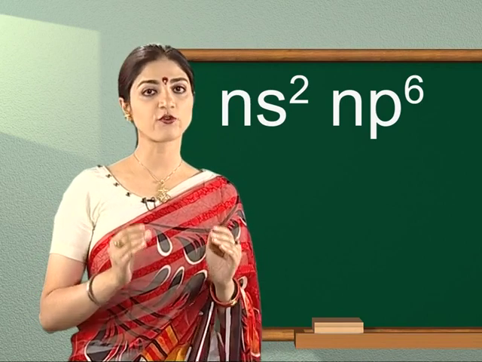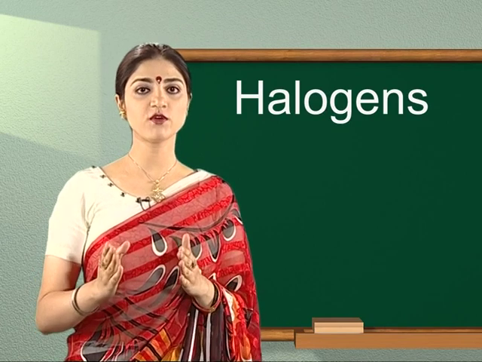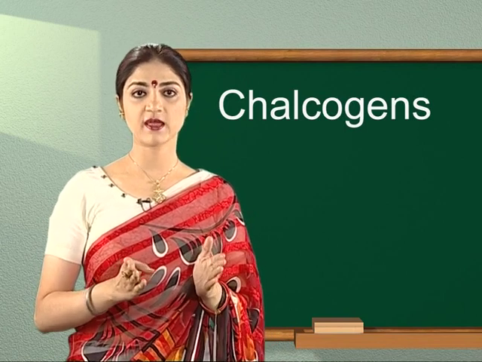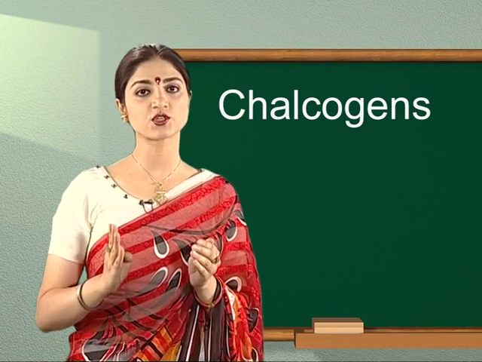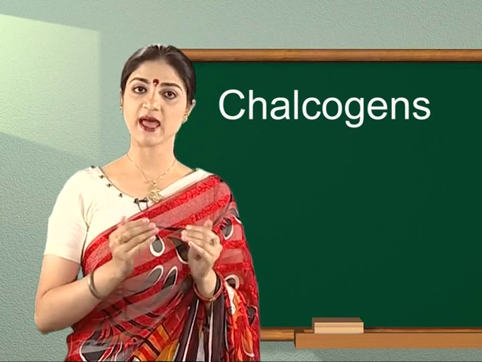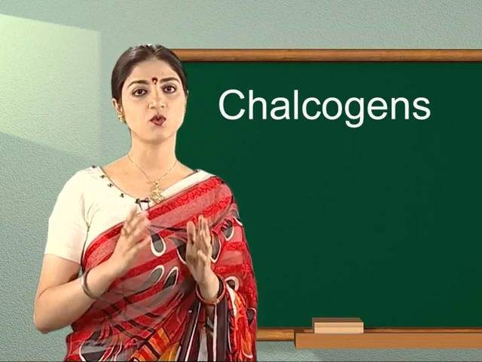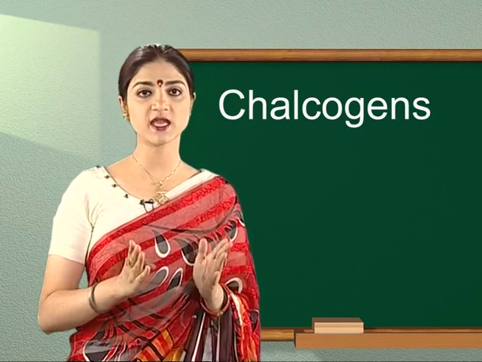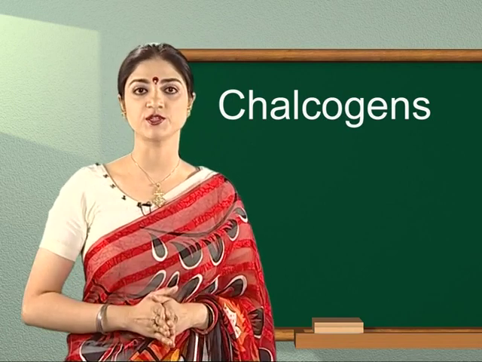The elements of group 17 are halogens, while those of group 16 are called chalcogens. These two groups of elements have high negative electron gain enthalpies and hence readily add 1 or 2 electrons respectively to attain the stable noble gas configuration.